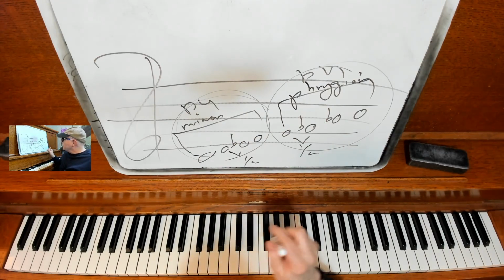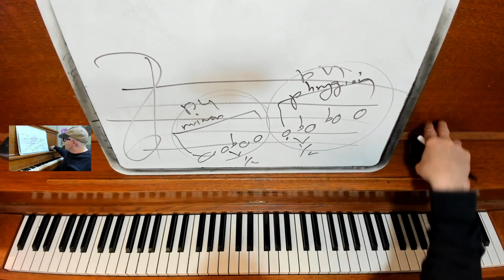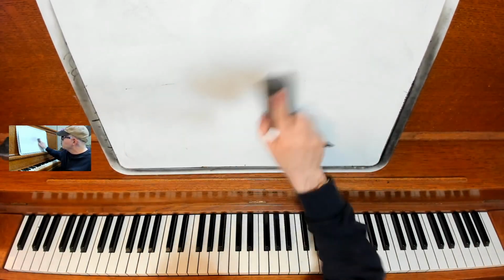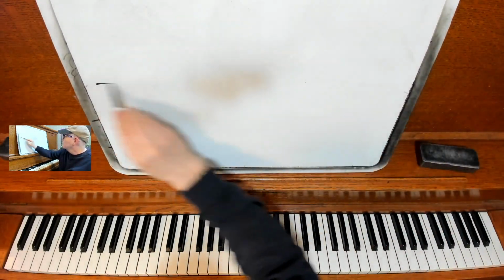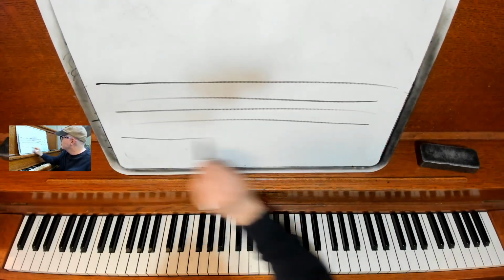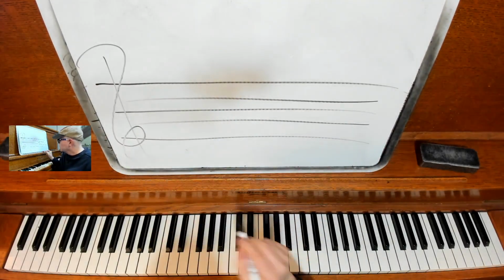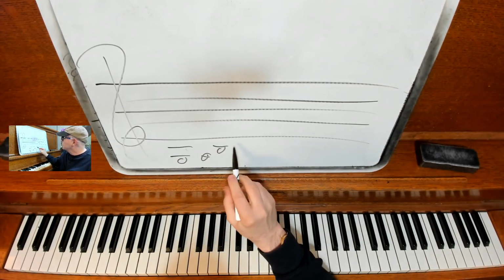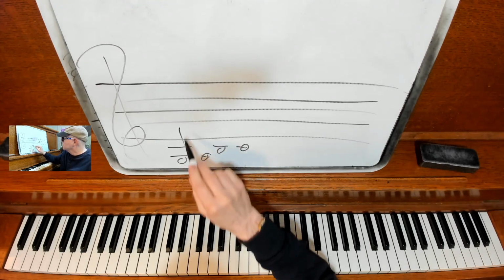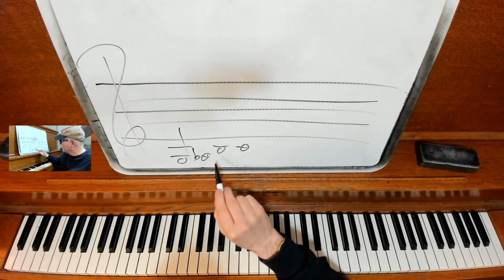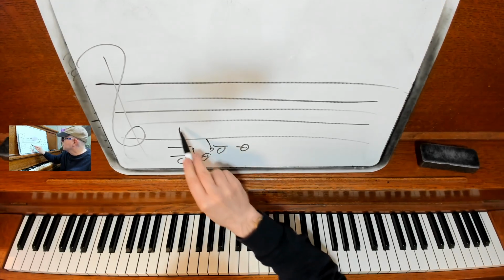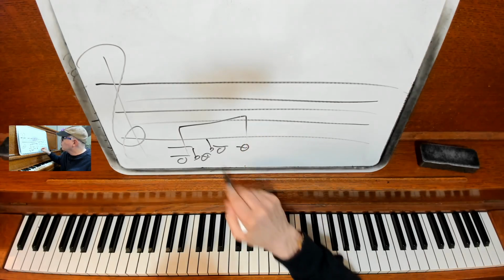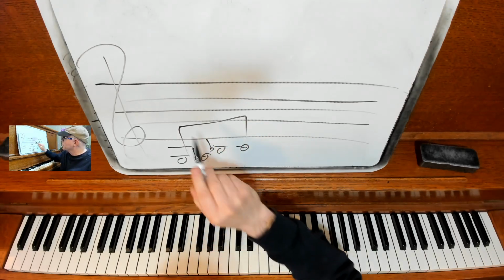Now, if we're starting on G actually, well, then the whole thing kind of changes, doesn't it? Because now we kind of have a mode of the minor scale. So we have G, A flat, B flat, C. Okay, so there's our Phrygian.